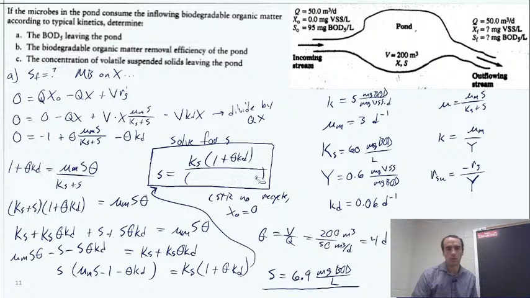You did it right, and this morning I got it wrong. So then this becomes mu max. Sorry, that should have been a theta. Mu max theta minus 1 minus theta KD. Look better? Okay.